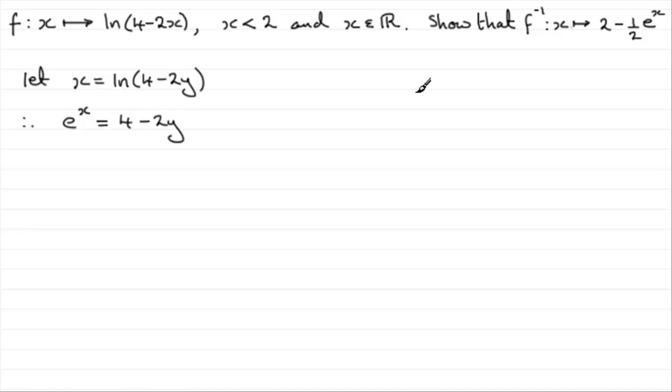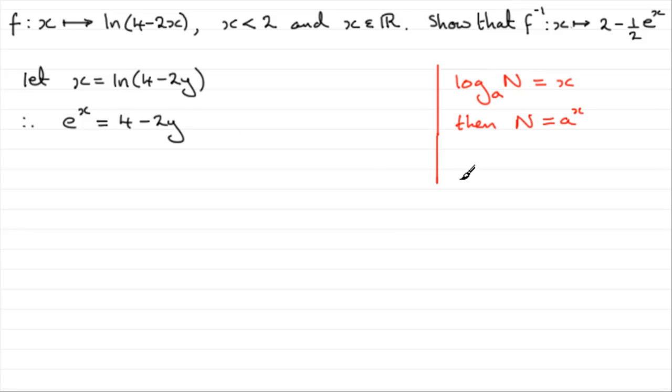Just in case you're a bit worried about that step, I'll just remind you of the basic log rules. If you have the log of any number, let's say n, in a particular base, a say, and it equals x, then you should know that n equals a to the power x. So we're dealing with a special log here in a special base.